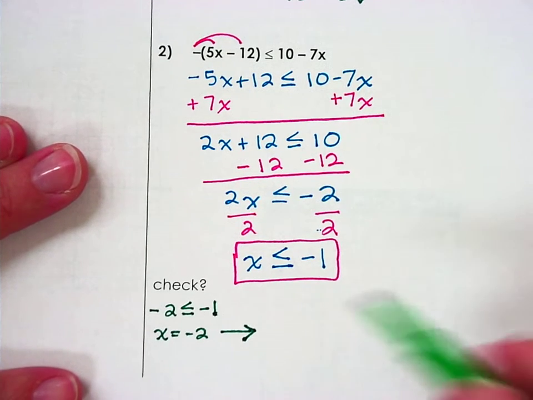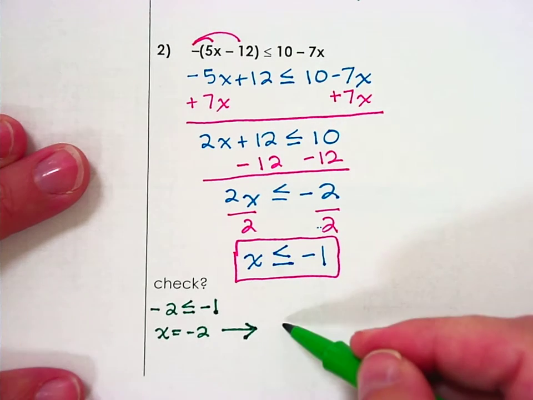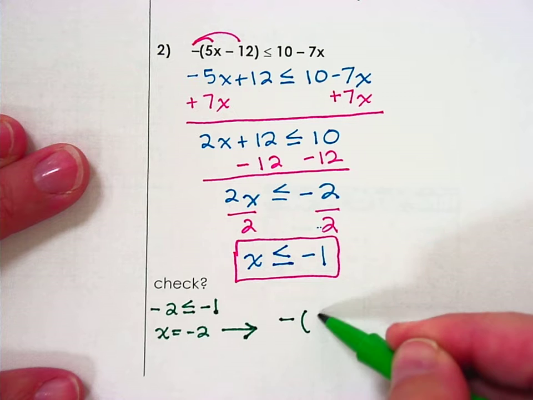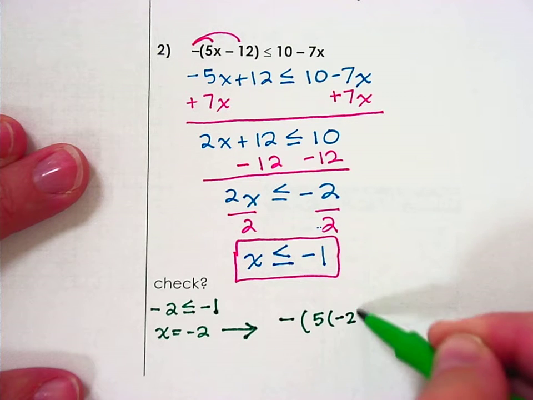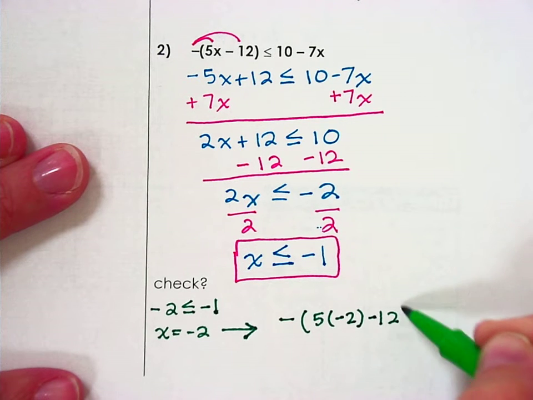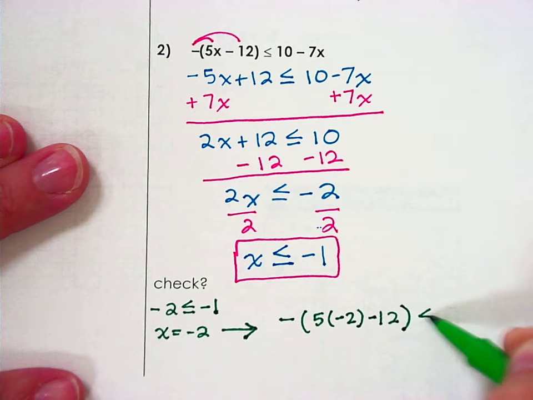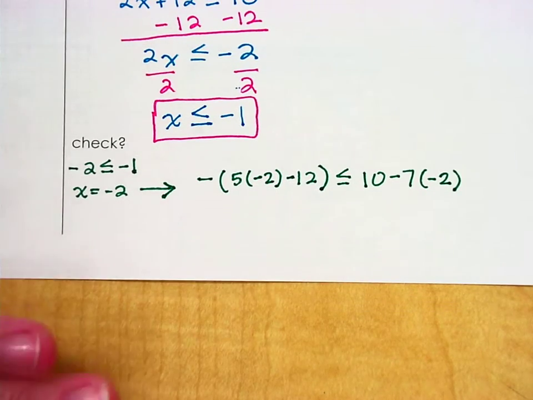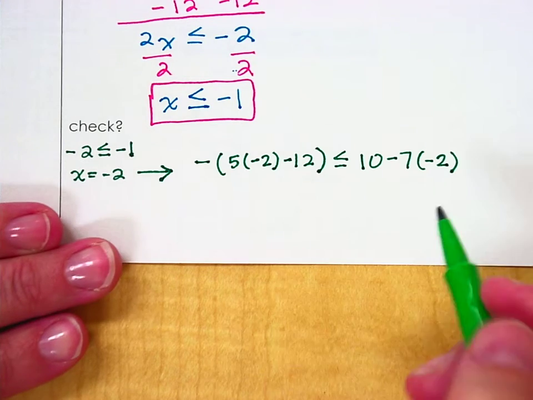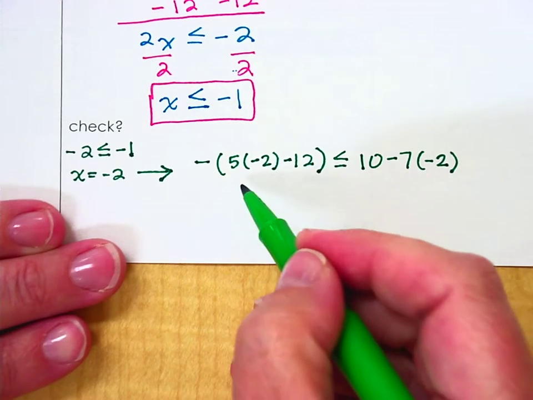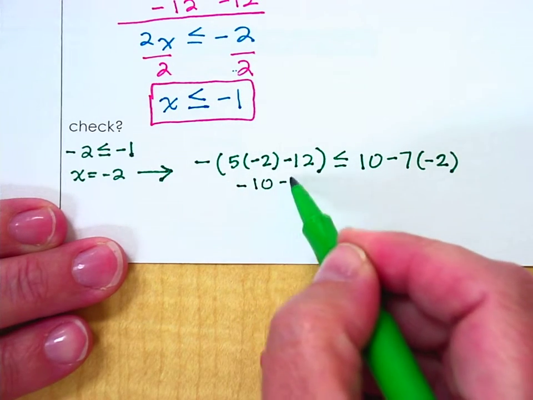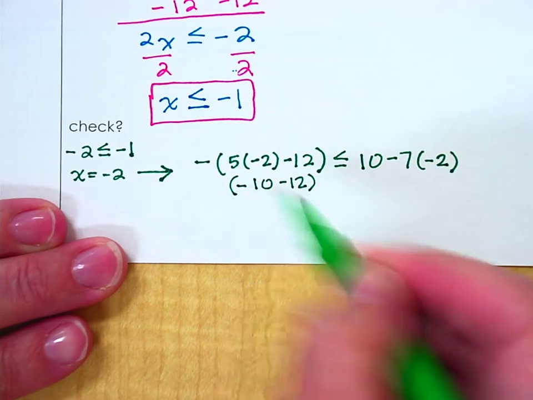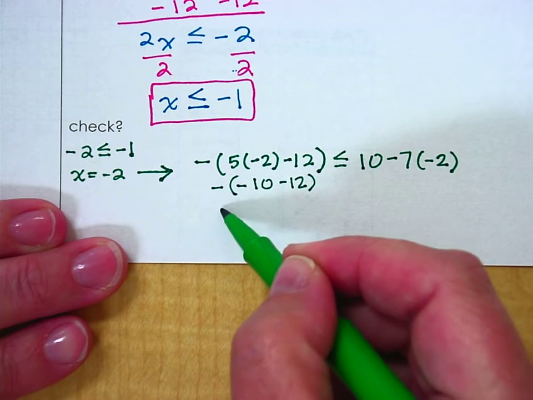I'm going to substitute that negative 2 into my original problem. Negative 5 times negative 2. Okay, and again, we're just going to use PEMDAS to finish this out. Inside the parentheses, I'm going to do just the left side first.